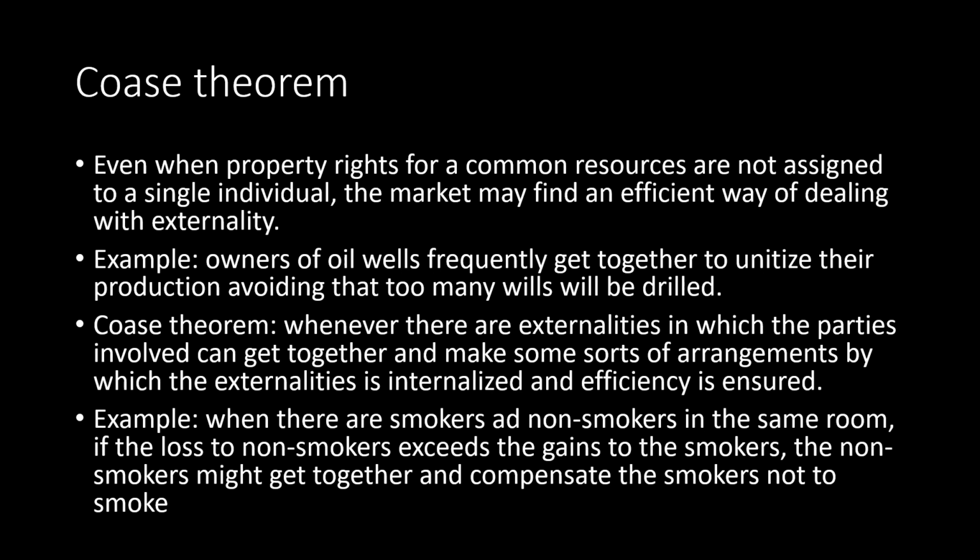Let's say they decide to form a group, and the people in that group drill the oil so that they don't allow other people outside to come and drill. So this will help in avoiding too many wells being drilled.